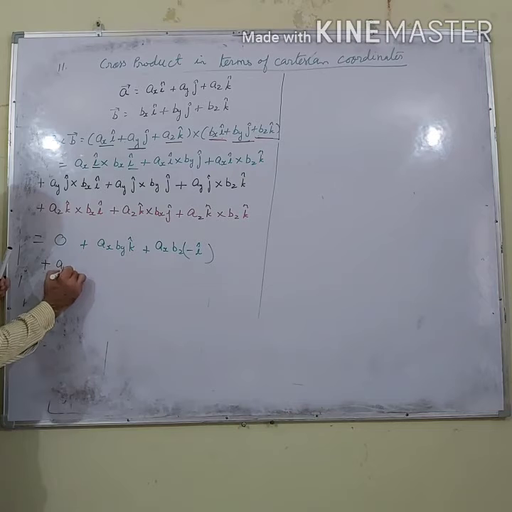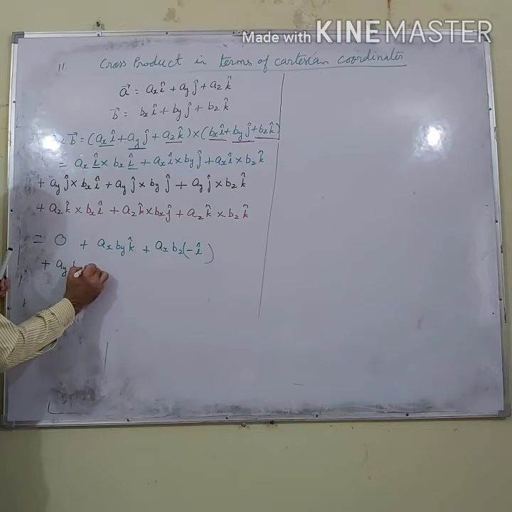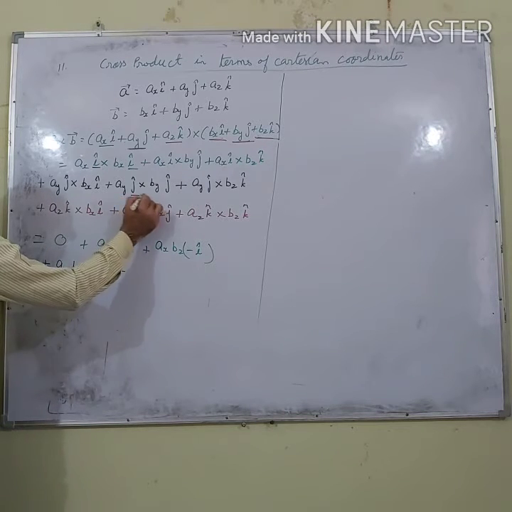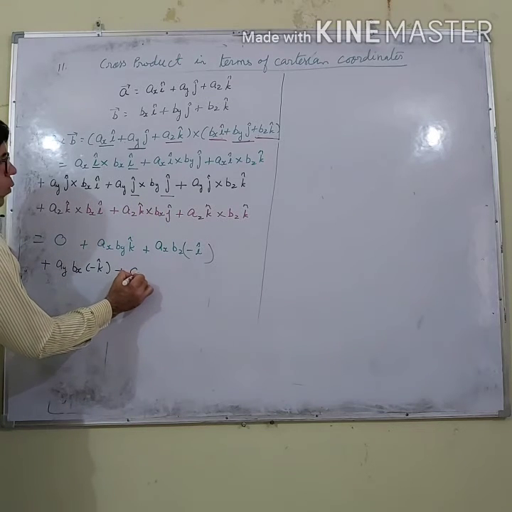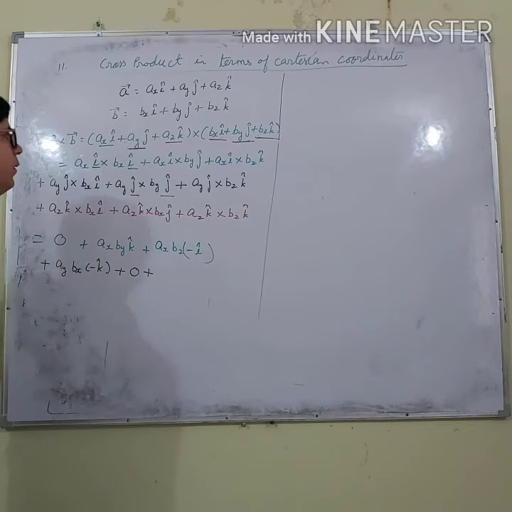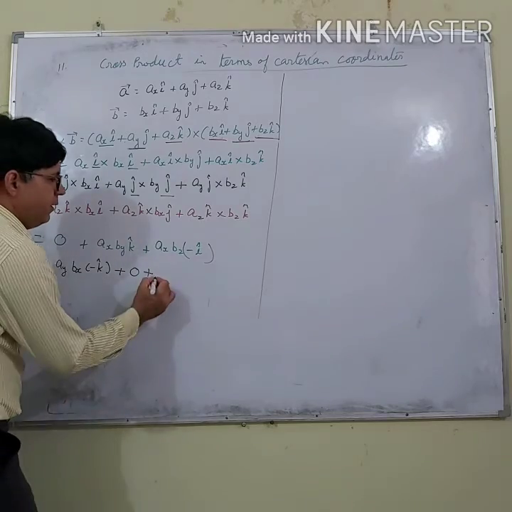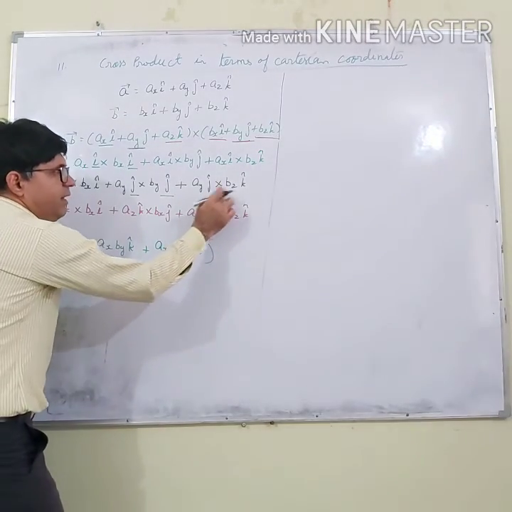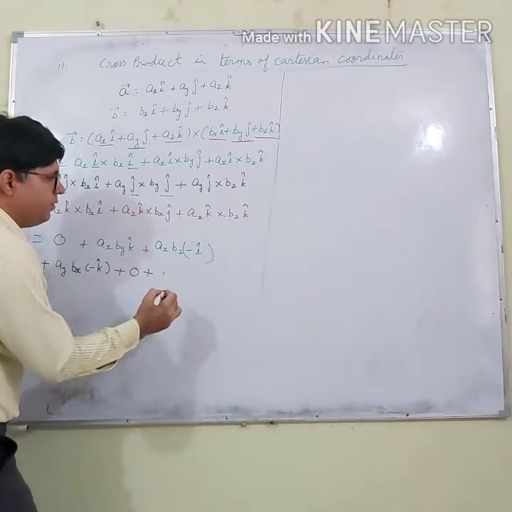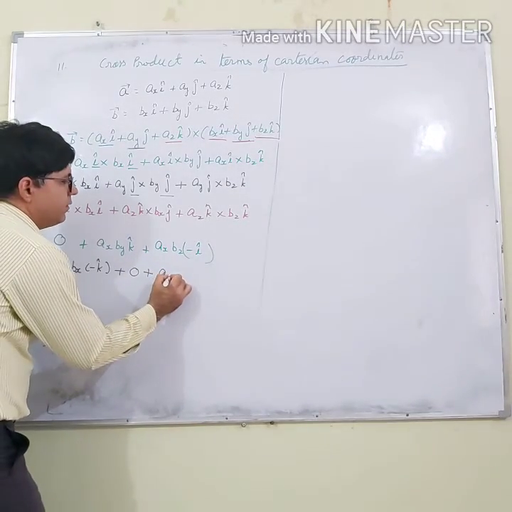A_y B_x minus k cap, and j cross j is 0. So very good, 0 is there, so no need to multiply completely. Now it is j cross k, in sequence. So what is missing? i is missing. So it is i cap.